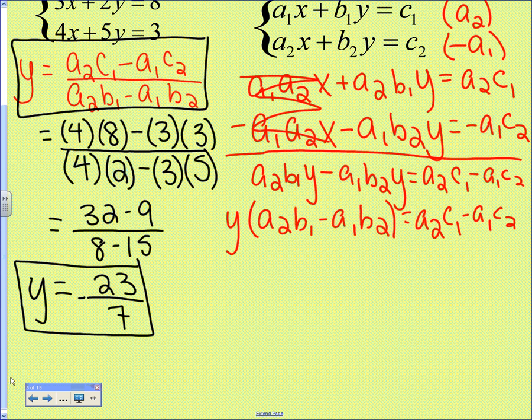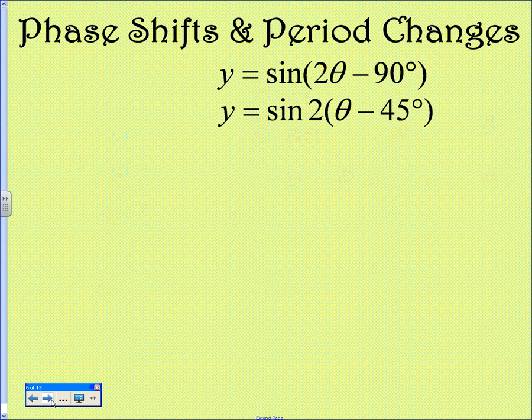Does that make sense? Any questions on getting to here? The hardest part for me is going from this formula to plugging in the numbers, because they don't always use A1 and A2s. They'll use random letters, and so you have to go back and you're like, okay, E was here, so E is 7. That's the hardest part for me, but I don't know, maybe it won't be for you.